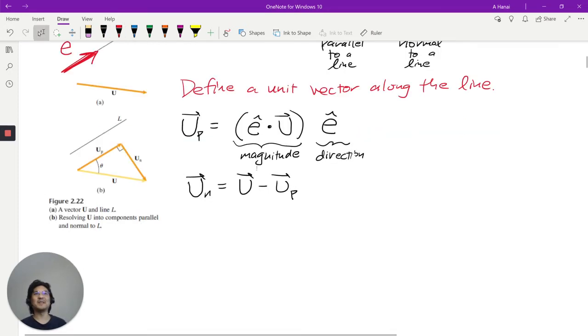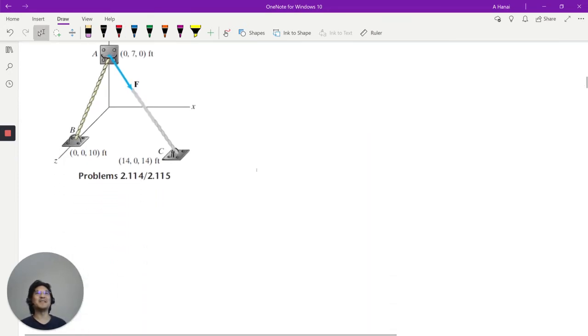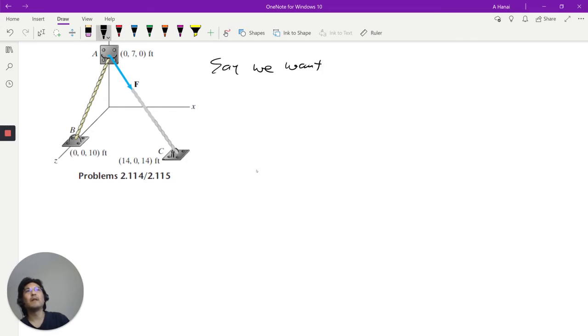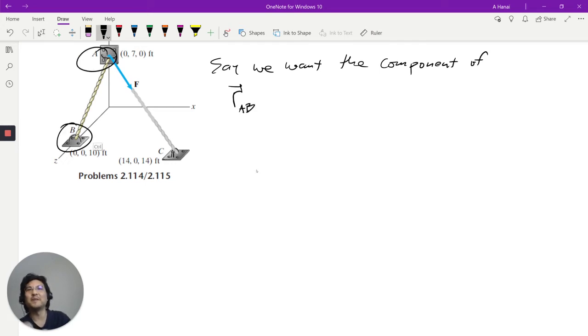Let's do an example here. Let's say we want the component of a vector, some position from A to B. So we make a vector going from here to here, this way.